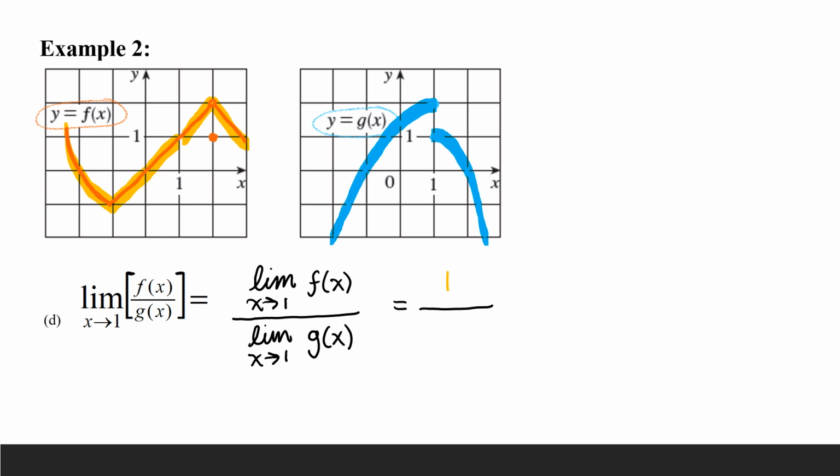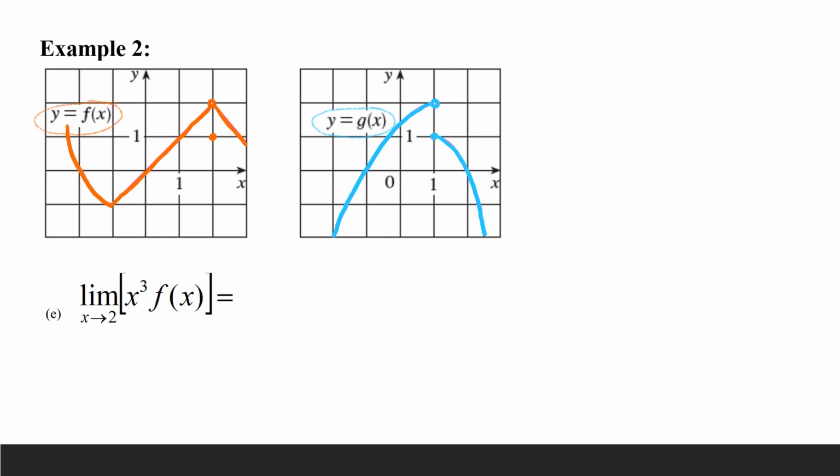Our left and right hand limits are not equal. So this overall limit does not exist. Which means that we're not able to just use limit laws to evaluate this. So we will say that this does not exist.